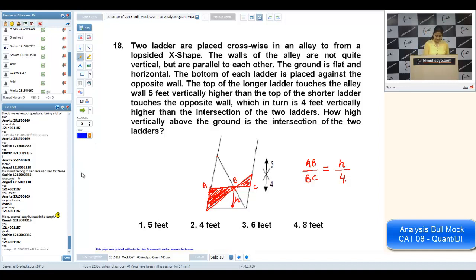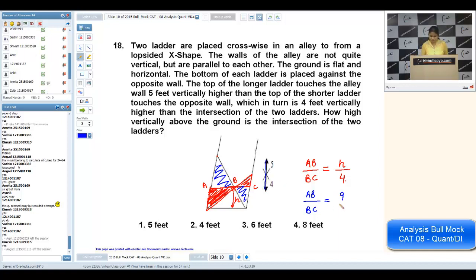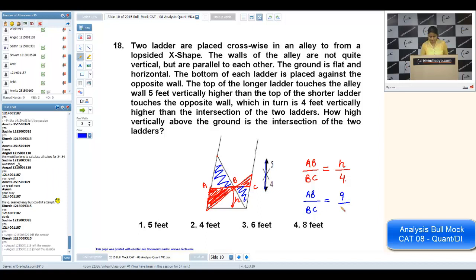Now I'll take the remaining two triangles, the blue ones. They both are similar once again. I'm taking the same ratio, AB upon BC. Now I'm taking their heights. What is the height for the AB triangle? That is 9, that is 5 plus 4, divided by what is BC, the smaller triangle height, it will be h.